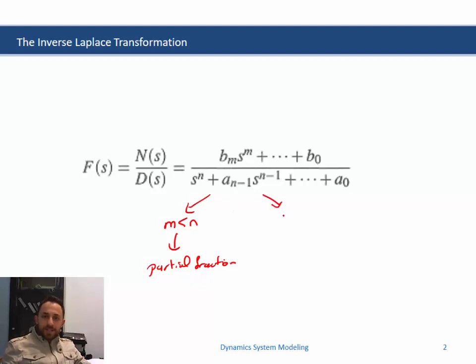However, if this is not the case, I mean m is greater than or equal to n, you need to deploy the long division. Then you can obtain a strictly proper rational function in which you can again apply the partial fraction method.